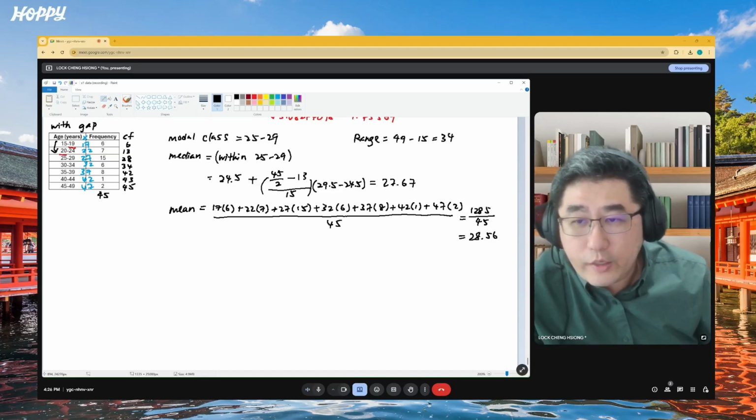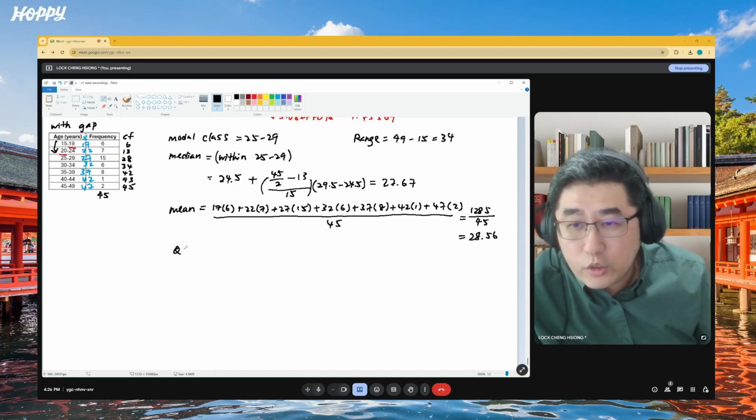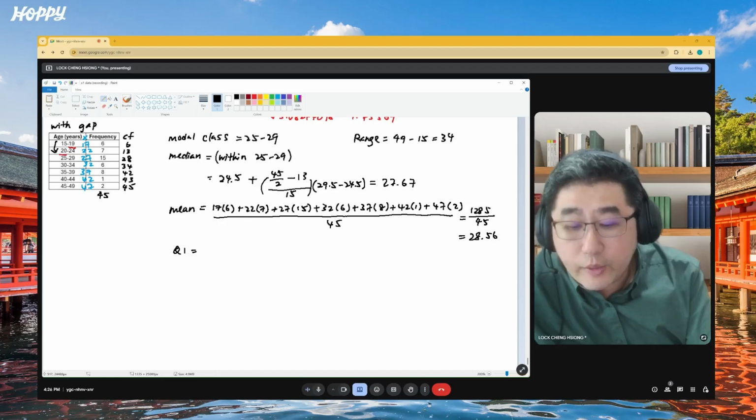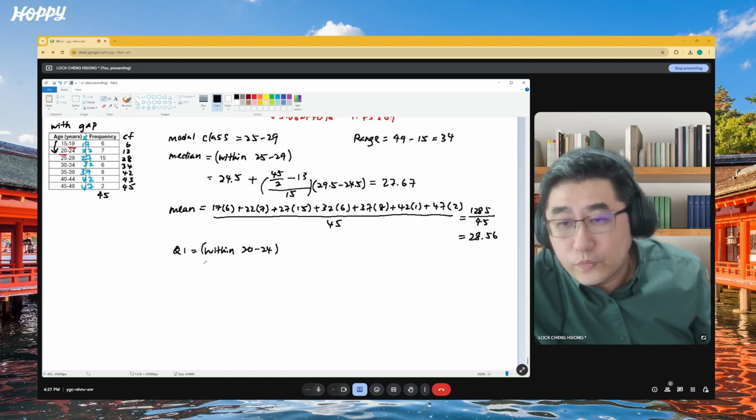After that, I need to calculate my Q1. 45 divided by 4 is 11.25. You see there's a 13 here, so it's within 20 to 24.